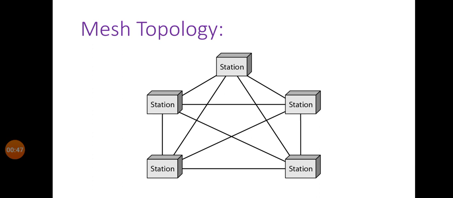So whenever it wants to send data, it can send using that separate path, so there is no data traffic. One station can send data to another station through a separate link, and at the same time, other stations can also perform data transmission without any data traffic.